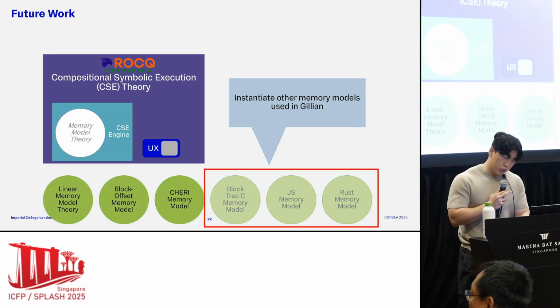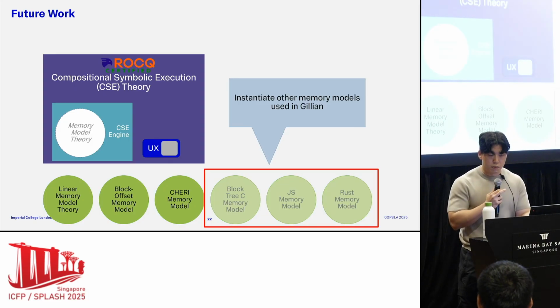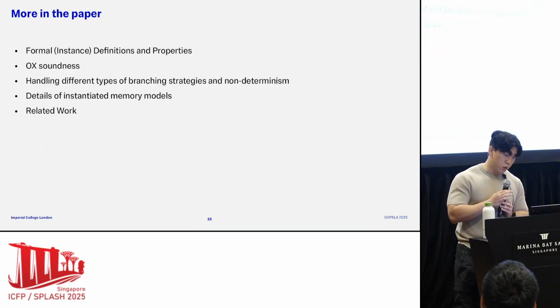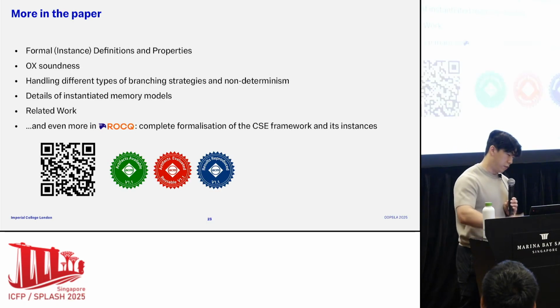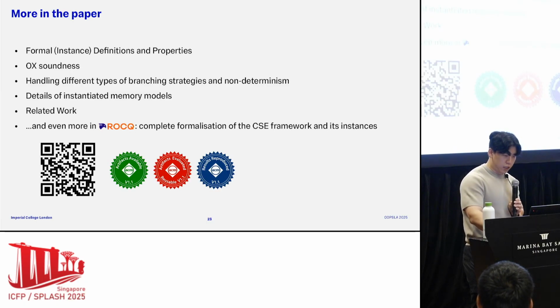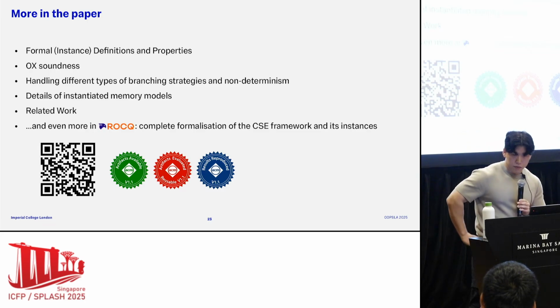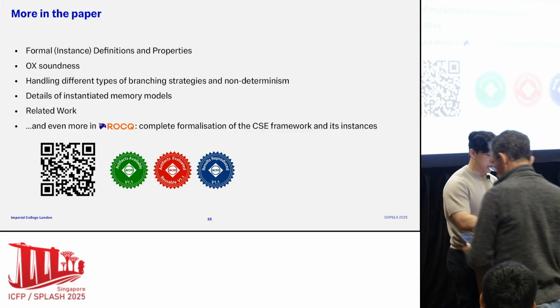And eventually, it'll also be nice if we could instantiate other memory models that are already in Gillian. There are more details in the paper, and if you're interested in the actual formalization, it's also available online. So that's the end of my talk. I'll be happy to answer any questions.